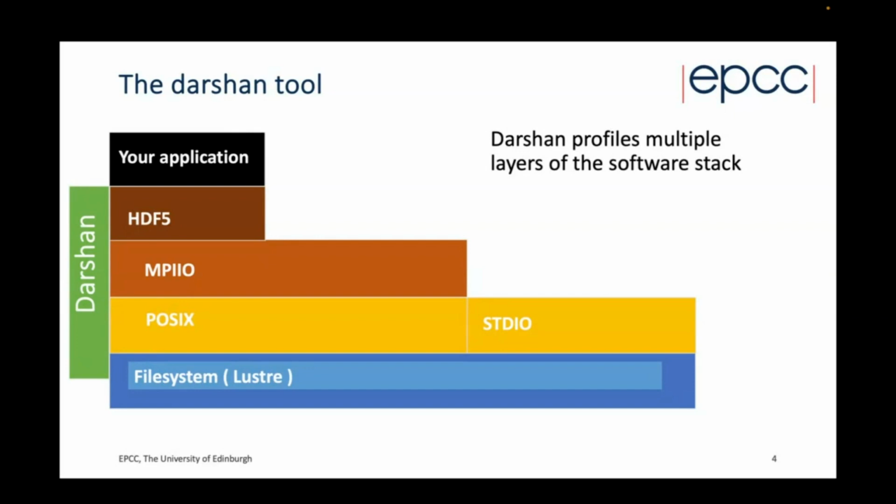It can also give you some information about the file system, and more recent versions also support intercepting HDF5 calls. The version we have on ARCHER2 does not at the moment, so we will not be using that feature in this talk.